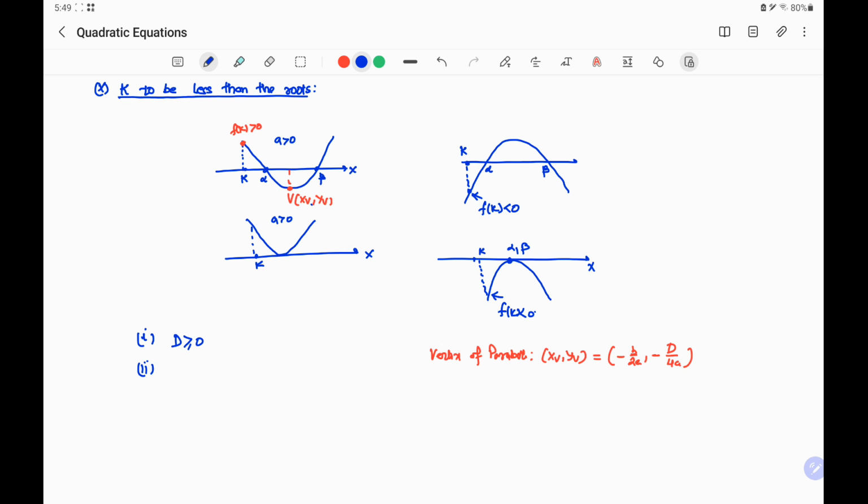So we can say that k is less than xv, which is minus b by 2a.